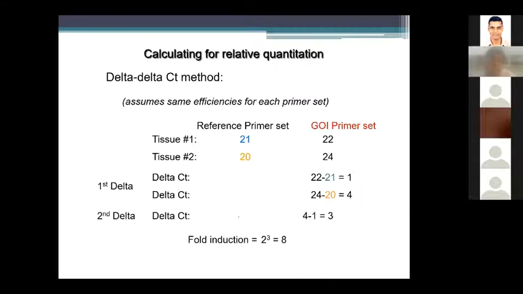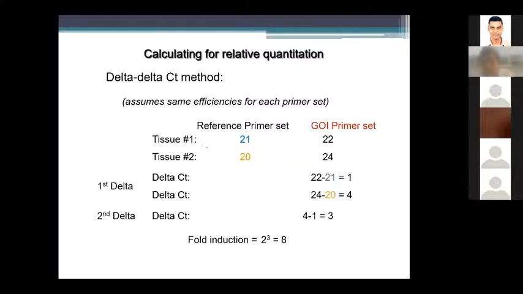The second method for calculating relative quantification is the delta delta CT method. In this, we assume the same efficiency for each primer set, the reference primer set and the gene of interest primer set.